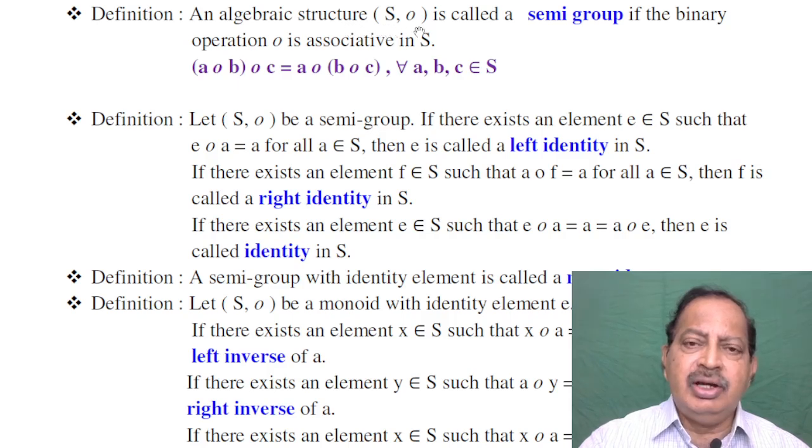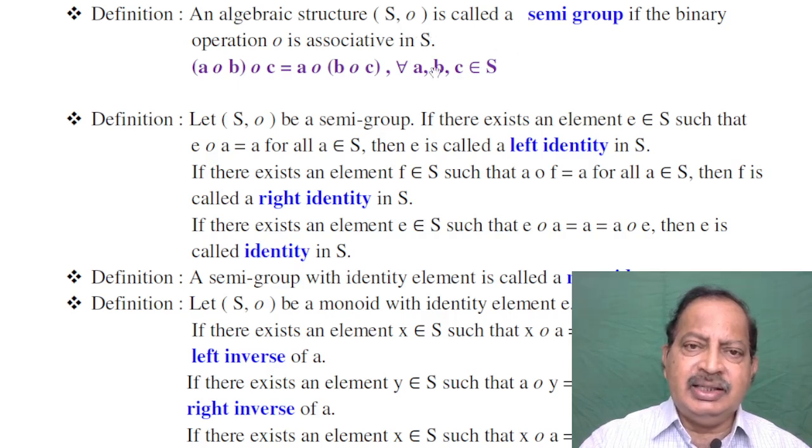That means S is a non-empty set and circle is a binary operation on S, and this binary operation satisfies this condition in S. In such a case, (S, circle) is called a semigroup.